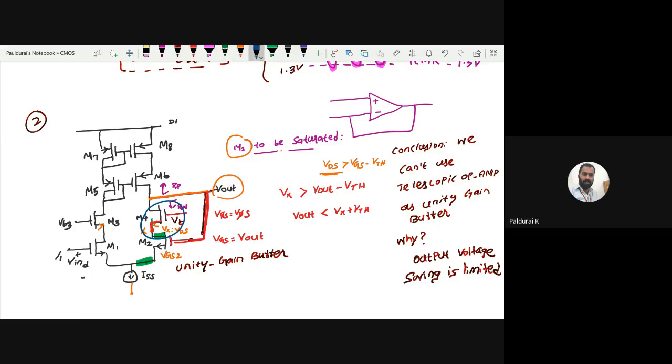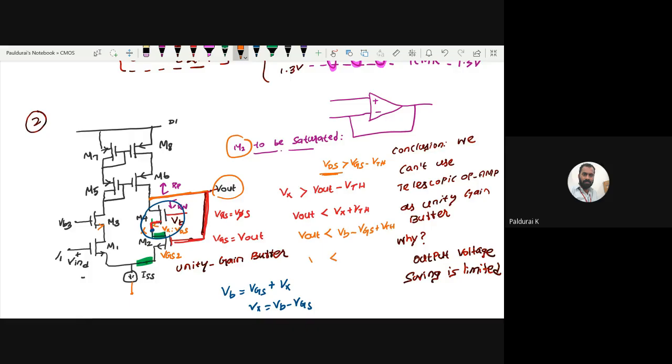Your biasing voltage VB equals VGS, gate to source voltage, plus this voltage Vx. So Vx equals Vb minus VGS. So here you can write V out less than, what is Vx? It is Vb minus VGS plus Vth, right?